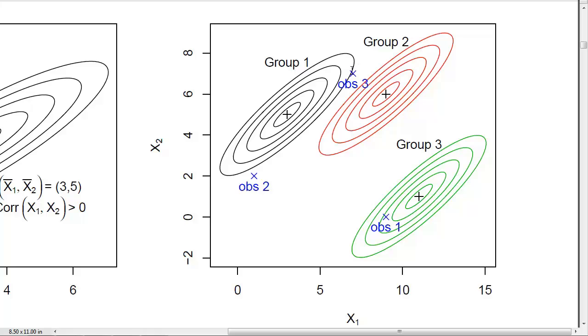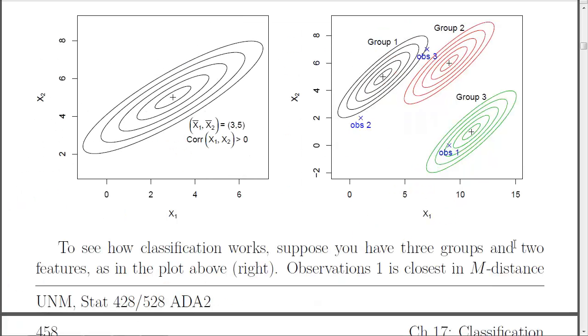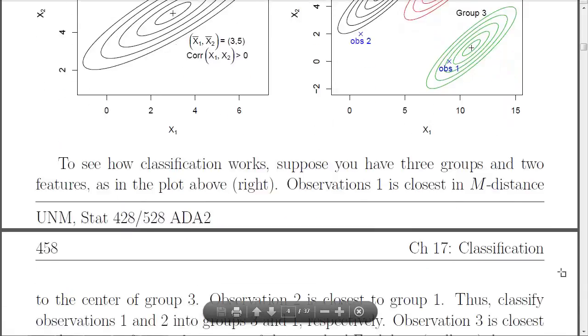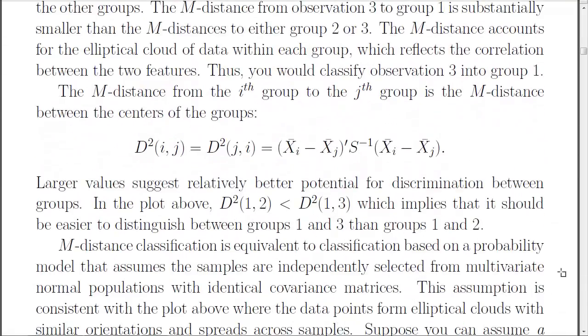So this point, even though the Euclidean distance is closer to group 2, its Mahalanobis distance is closer to group 1. Therefore, it will be classified with group 1. Group 3 never had a chance. All right, so that's what all that says.